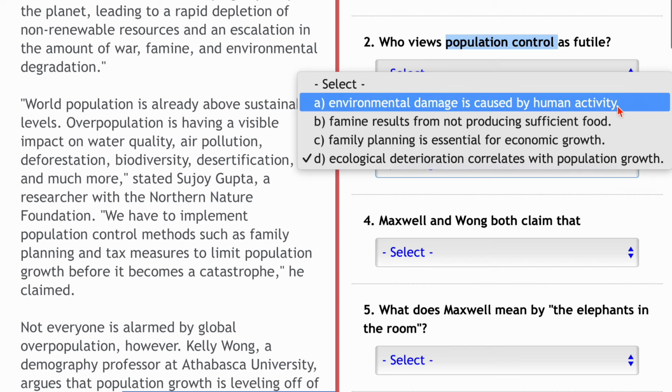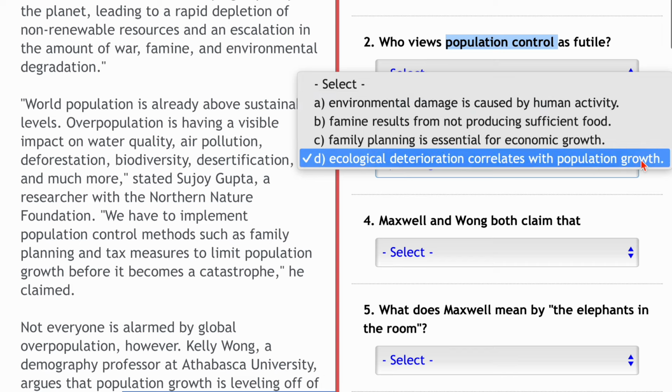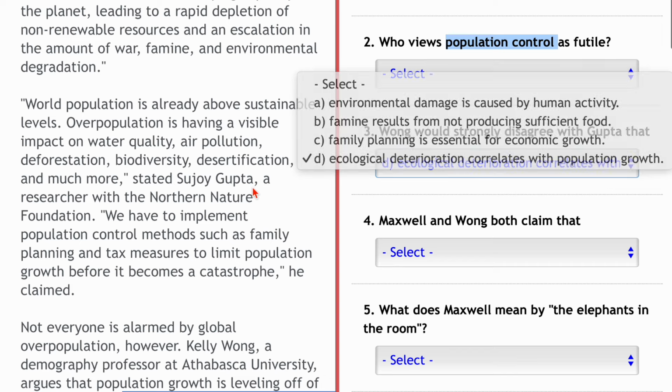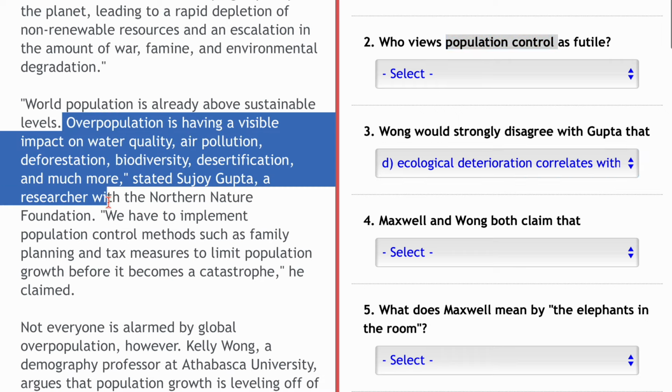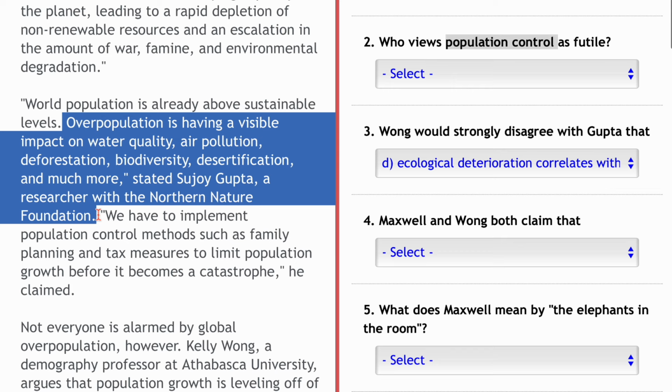And the only difference with the other one is that it says human activity, not population growth. Okay? So that is key because that's where they differ. Because according to Gupta, overpopulation is already having an impact on environmental damage.